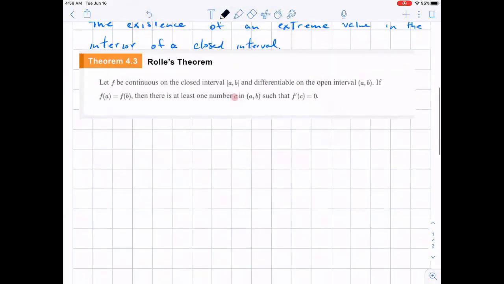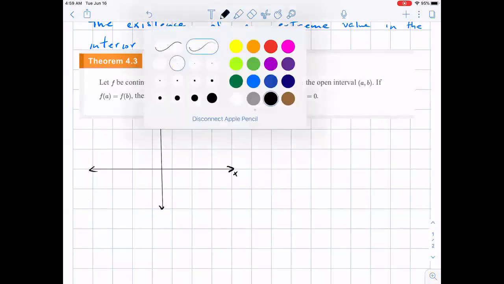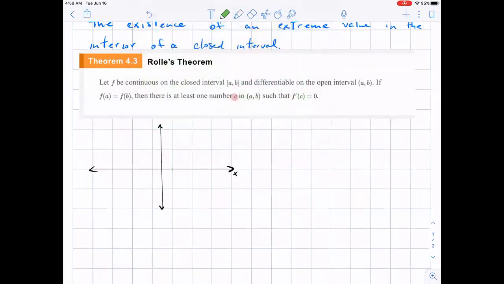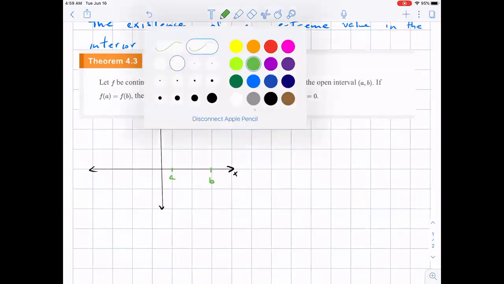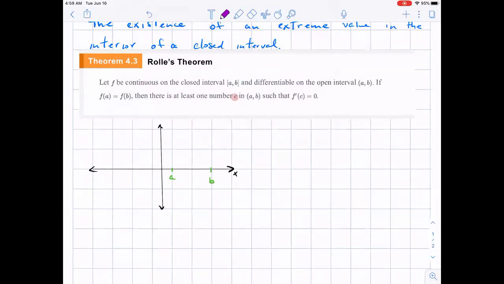I'm going to draw a little graph. We have our x-axis and our y-axis, and here is a and here is b, and we draw a parabola.